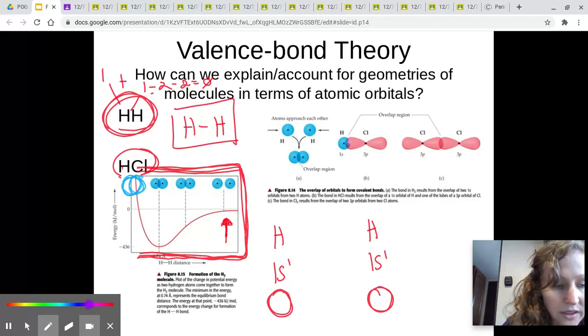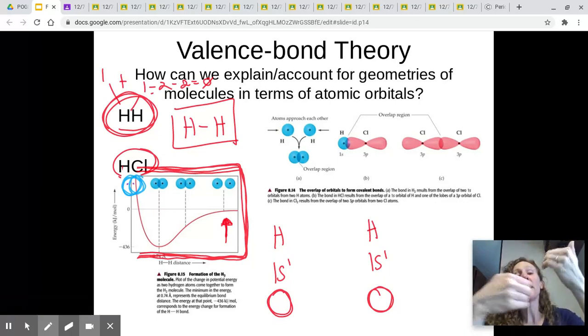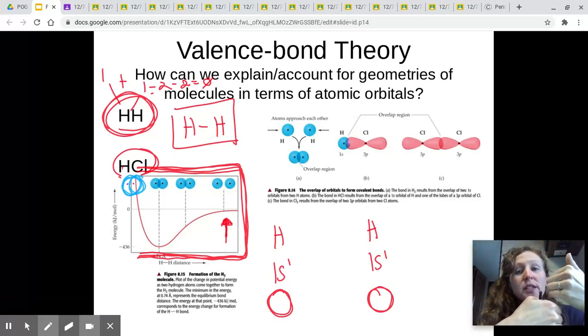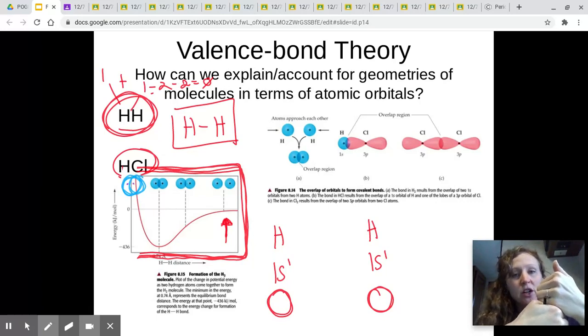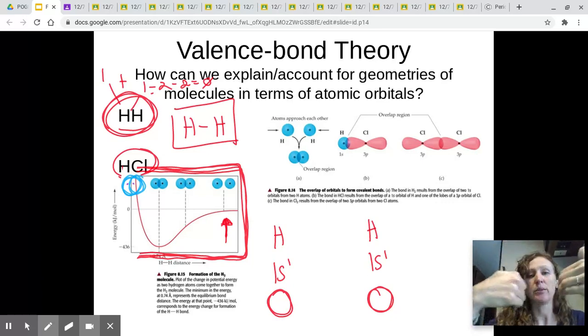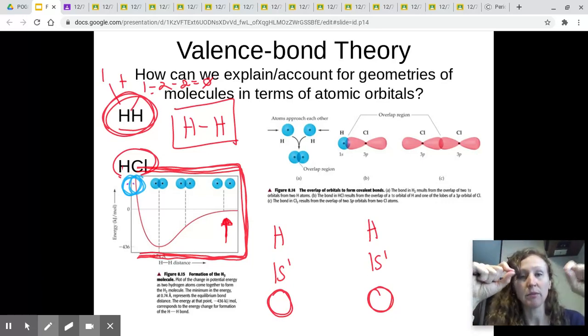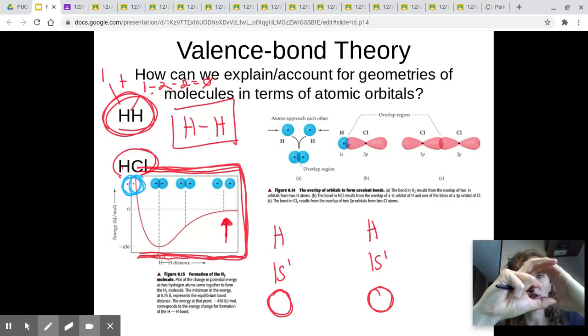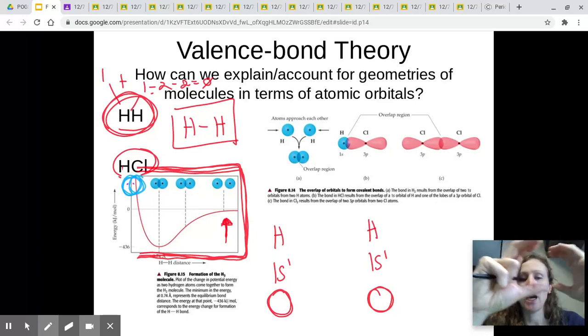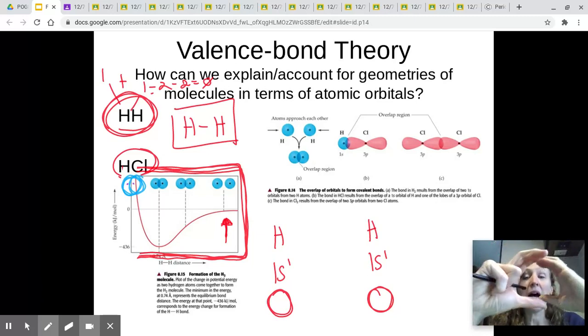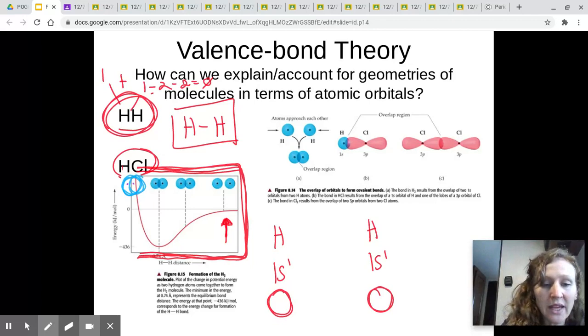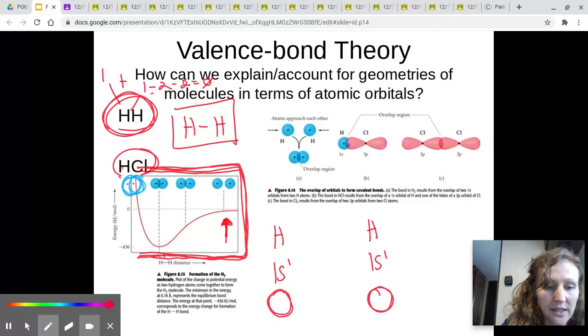We'll put in our nuclei here. We overlap them too much, well, the forces of repulsion are going to start to take over. So the nuclei that are in each atom are too close to each other now. These two protons in the middle of each of our atomic orbitals get too close to each other. The protons are going to repel, and we're going to be at an unstable, high energy system. And so that would be this case on the far left.